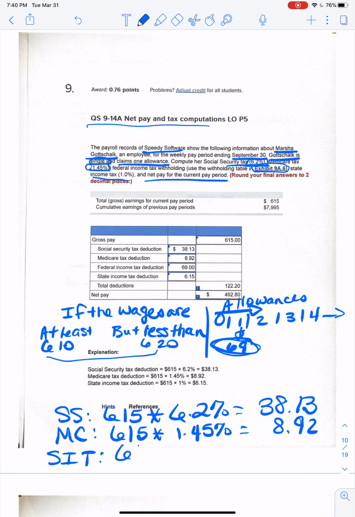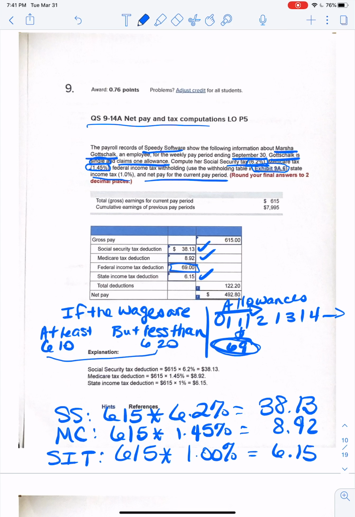I'm going to take my 615 times 1.00%, and I'll get $6.15. And you'll notice there's those three numbers right there. The big question mark here is, where does this $69 come from? And since I wasn't able to get this table to print nicely to come into this document, I just kind of drew it out down here to help you see where this is.